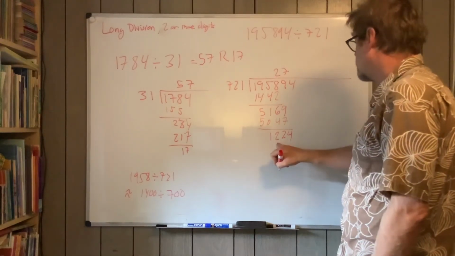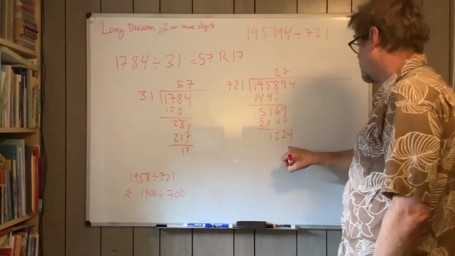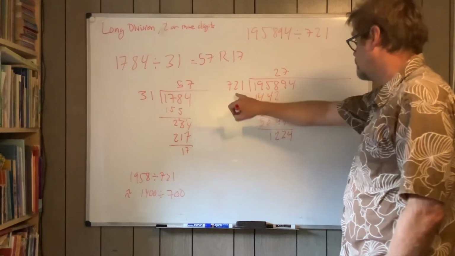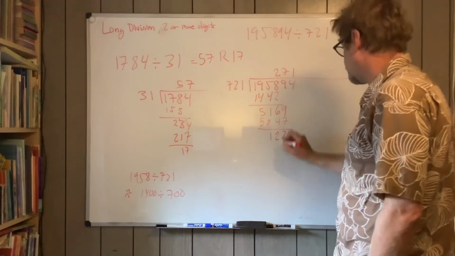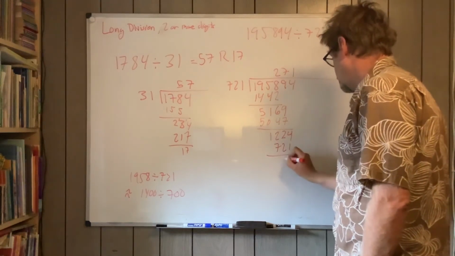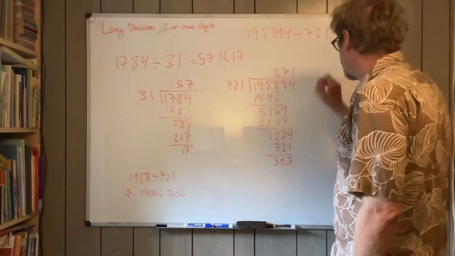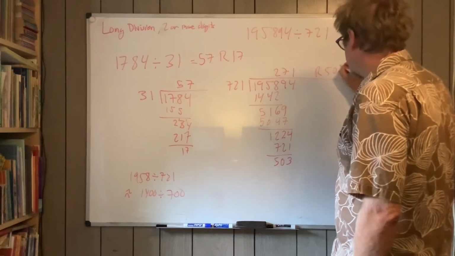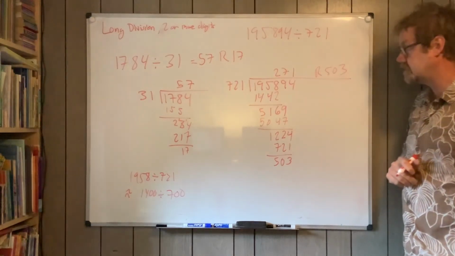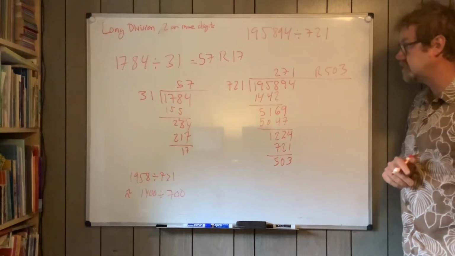Okay. This one looks like, yeah, so that 1442 is 2 of them, so this is just going to be one of those. 721, 305. So I get a remainder 503. All right. Good.